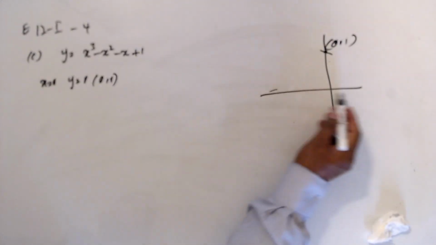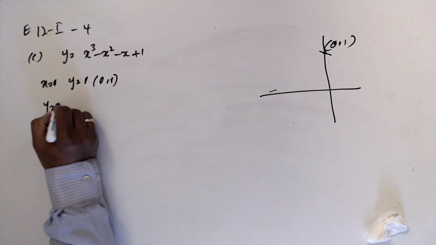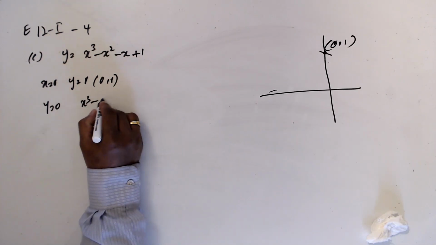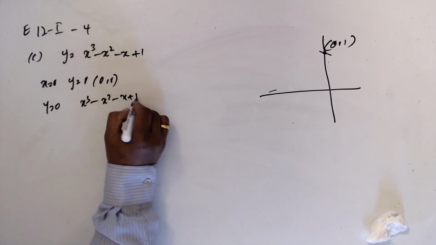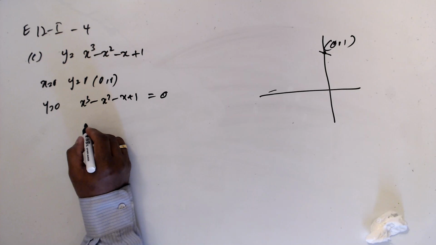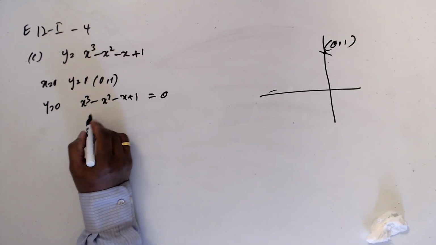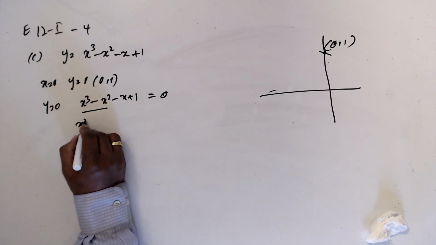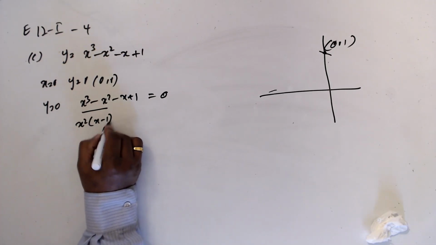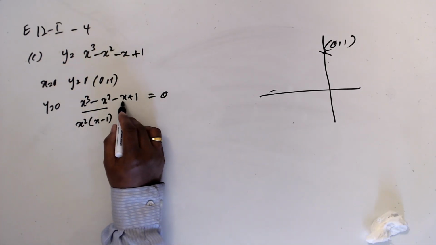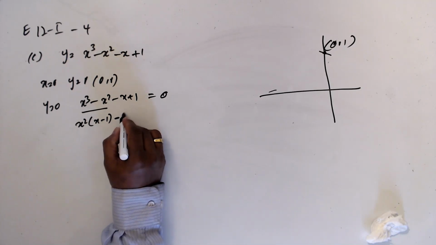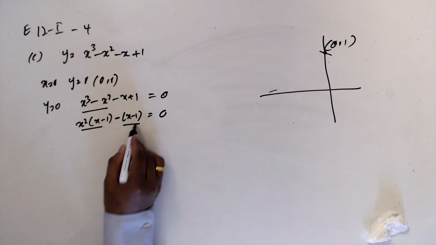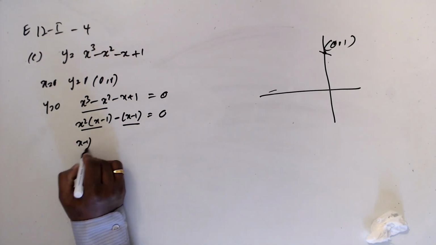Now we want to find when y equals 0: x cubed minus x squared minus x plus 1 equals 0. When I look at this one, I can see x squared is common, so I take x squared times (x minus 1), and I take minus 1 times (x minus 1). Now both terms have x minus 1 in common.